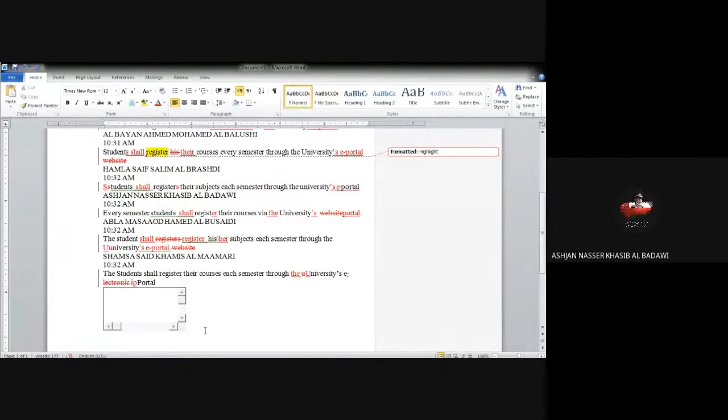"Student shall registers," you wrote. No, this is not there. It is crossed out. Okay, sorry. Any other questions?